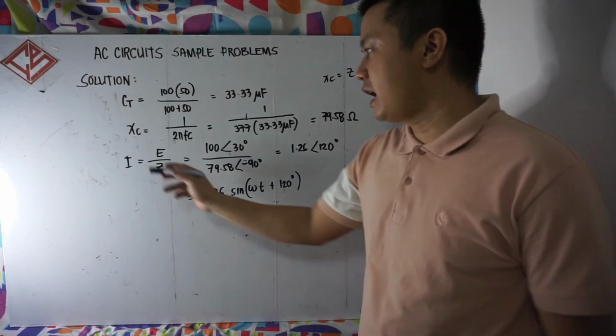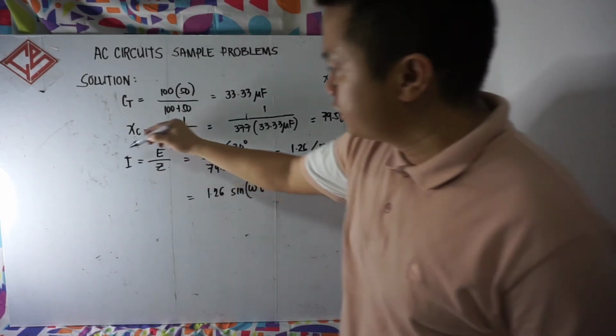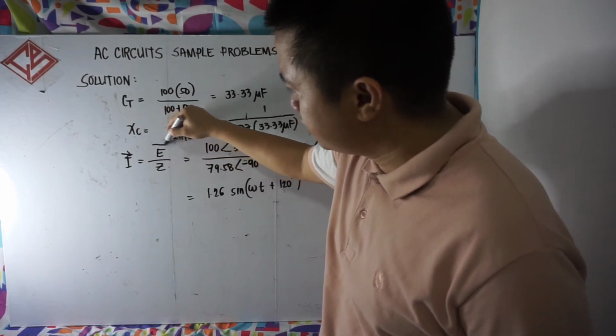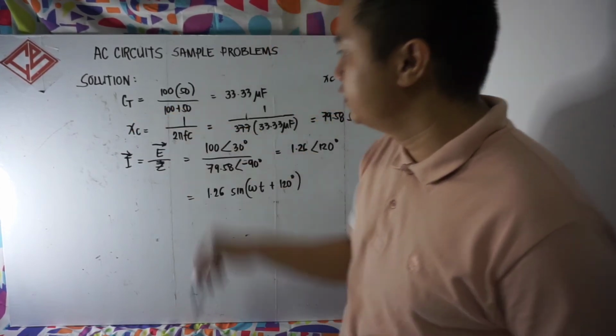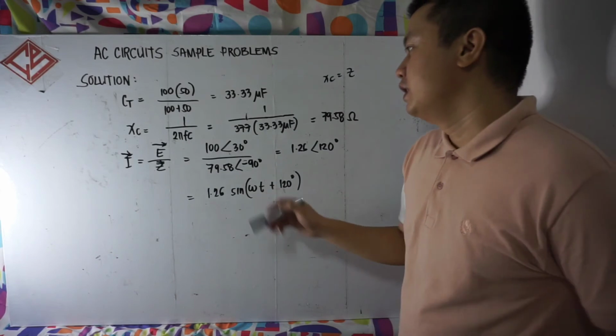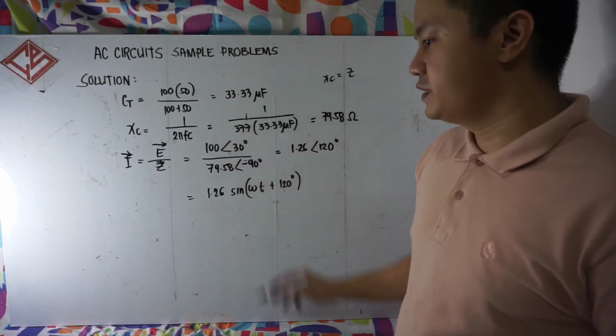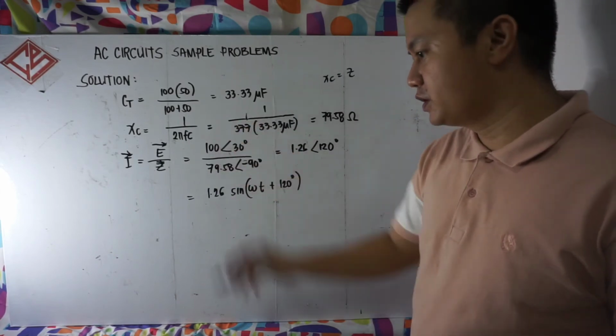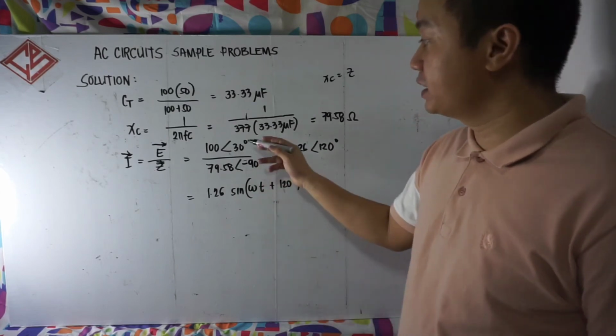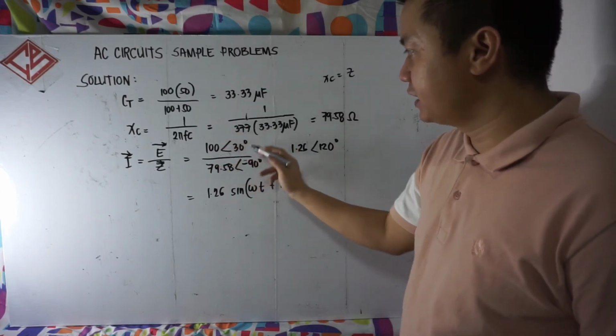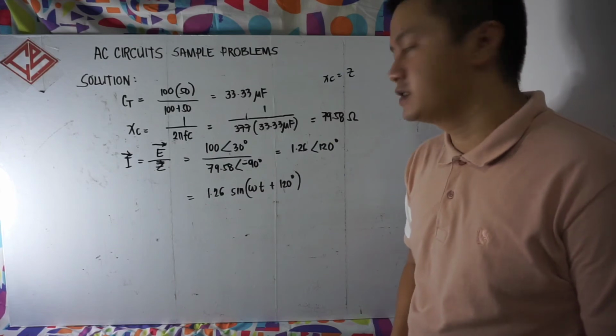So we know that I is equal to E over Z. So this is a vector. This is 100 angle 30 degrees, from the sinusoidal function 100 sine omega t plus 30 degrees. You can rewrite that as 100 angle 30 degrees.